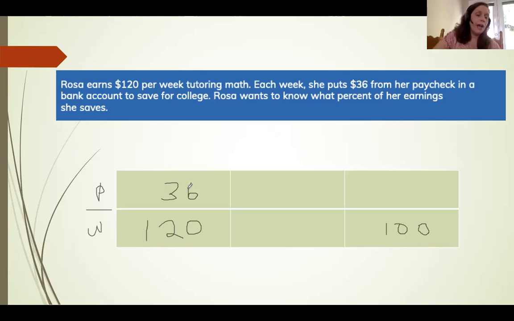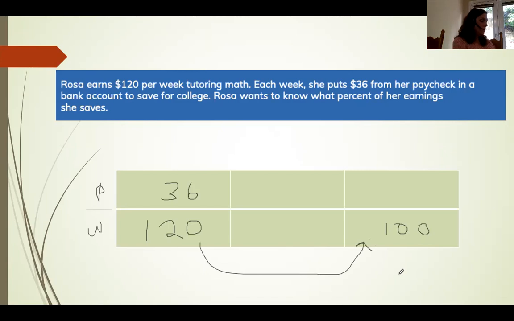Well, both of these are going to be divisible by 4. I can actually do this a couple of times. If I go to 4, that's not going to work. I want to go by 3. That's not going to work either. Quite frankly, what I would do, to tell you the truth, is look at, to go from 120 to 100, what am I dividing by?